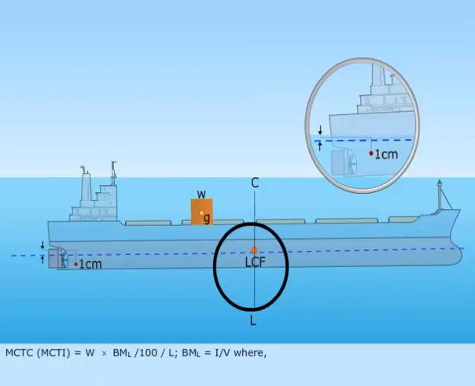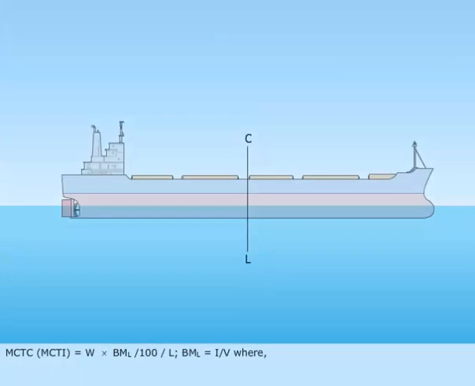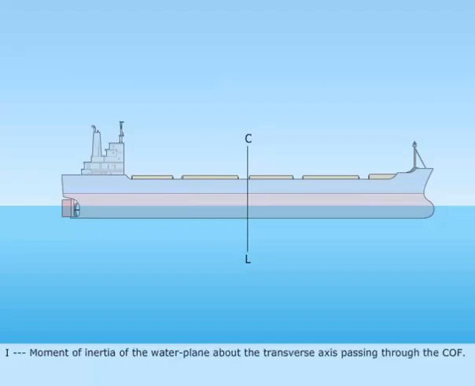MCTC or MCTI equals W times BM sub L divided by 100 divided by L. BM sub L equals I divided by V, where W is displacement, L is LBP, V is underwater volume, and I is moment of inertia of the waterplane about the transverse axis passing through the COF. Normally the value of BM sub L can be obtained from the hydrostatics table.